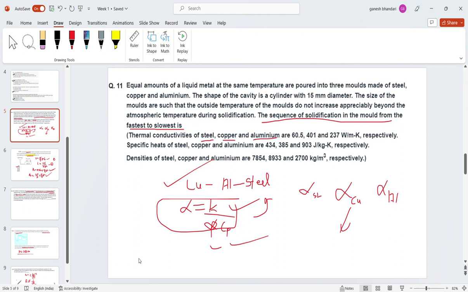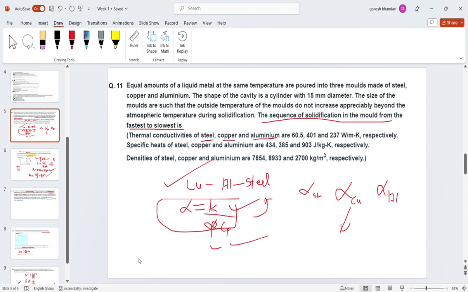Okay, okay. So what happens now, when you are talking about the shrinkage and all. As you have already seen the exam trend, what are these three elements which they are asking. What you can do is go through their cooling curves first: what are their cooling curve behaviors for aluminum, steel, and brass.